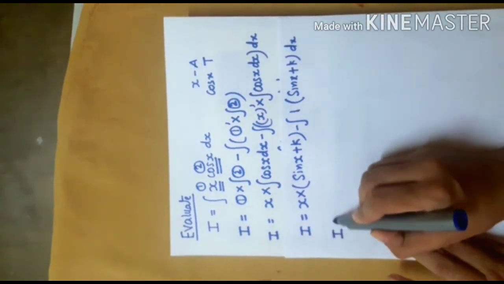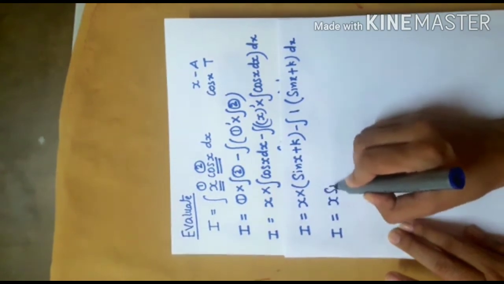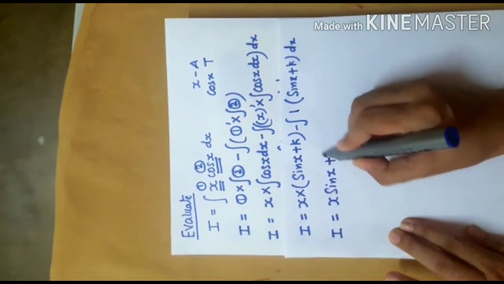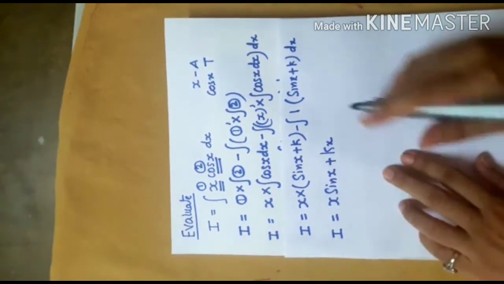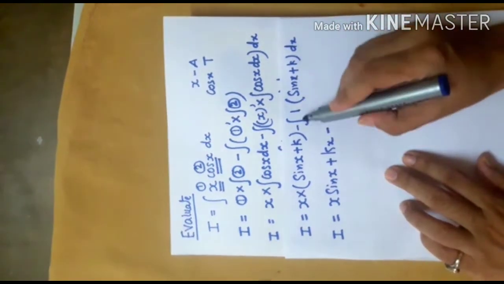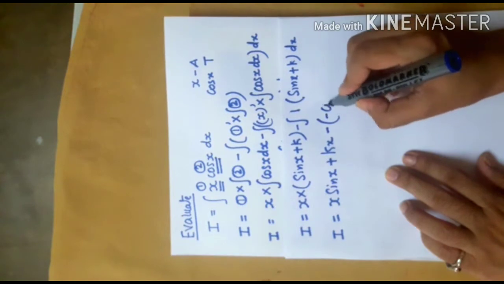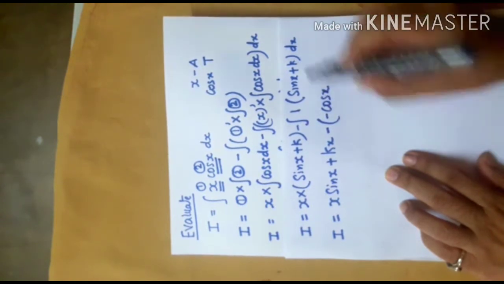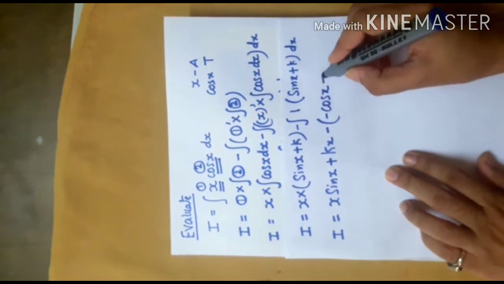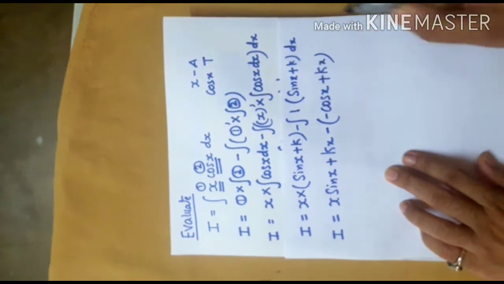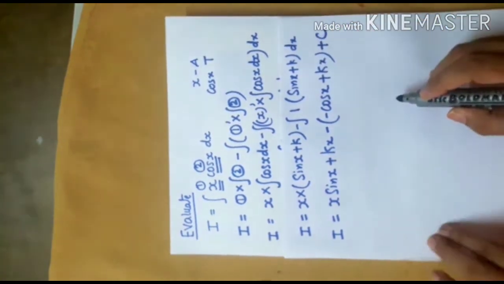So I'll get I equals x sin x plus kx minus, now integral sin x is minus cos x and integral k will be kx, and plus c, right?